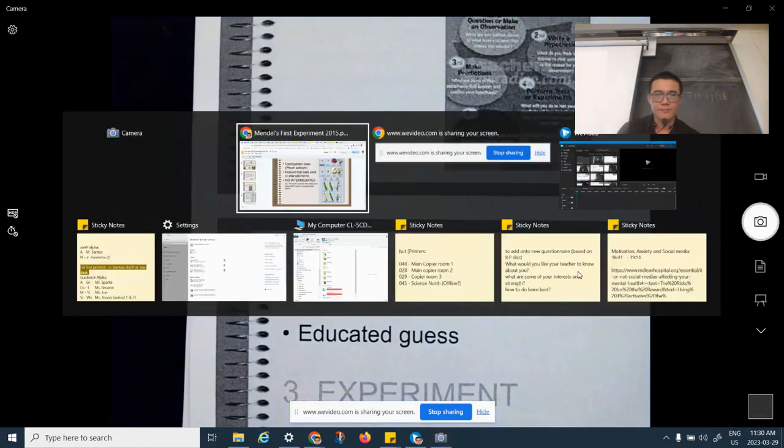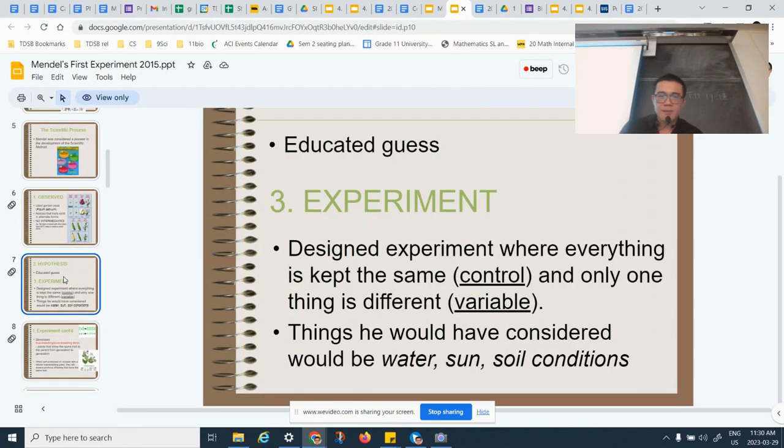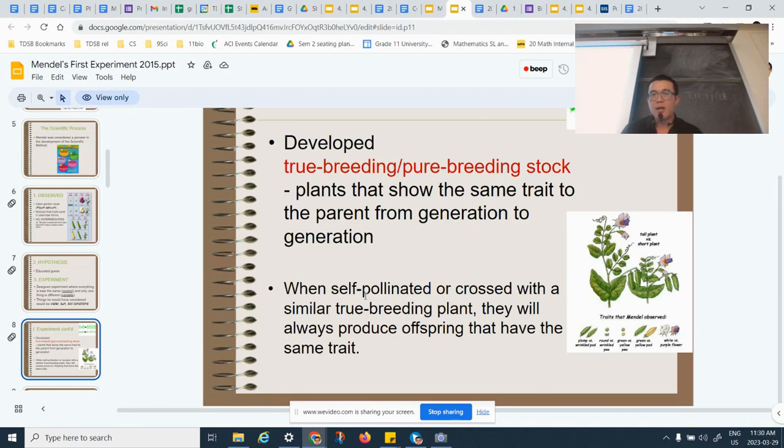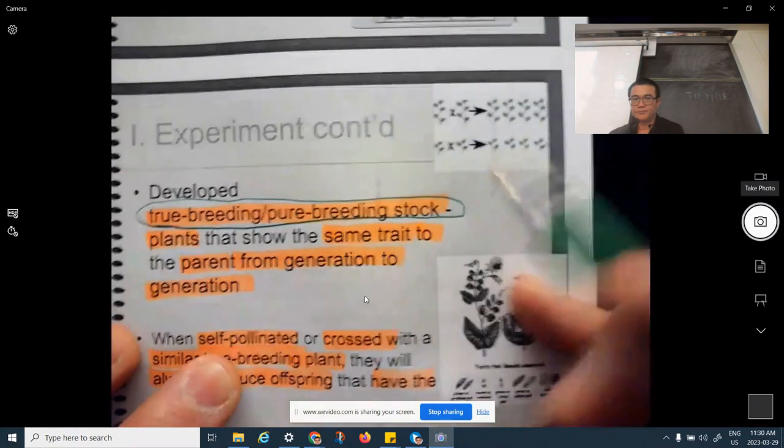So, a couple of things. He did experiments that had controls. I'll skip that part. Now, here, this term you do need to know.